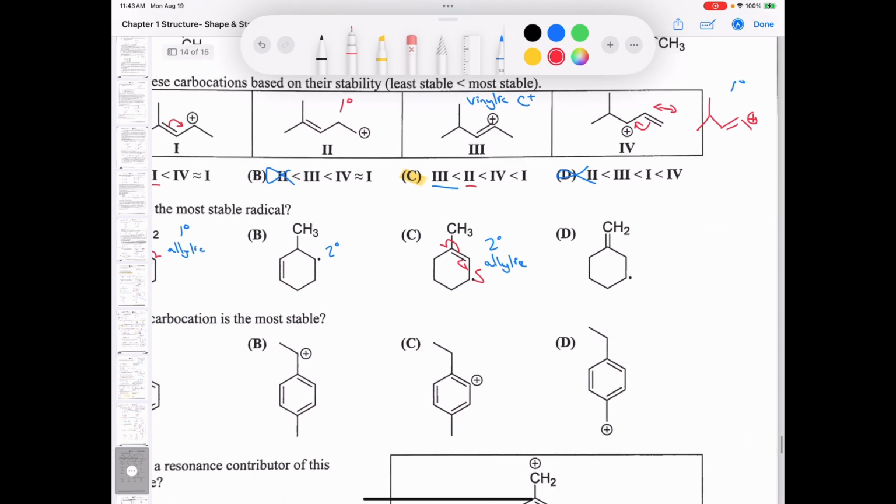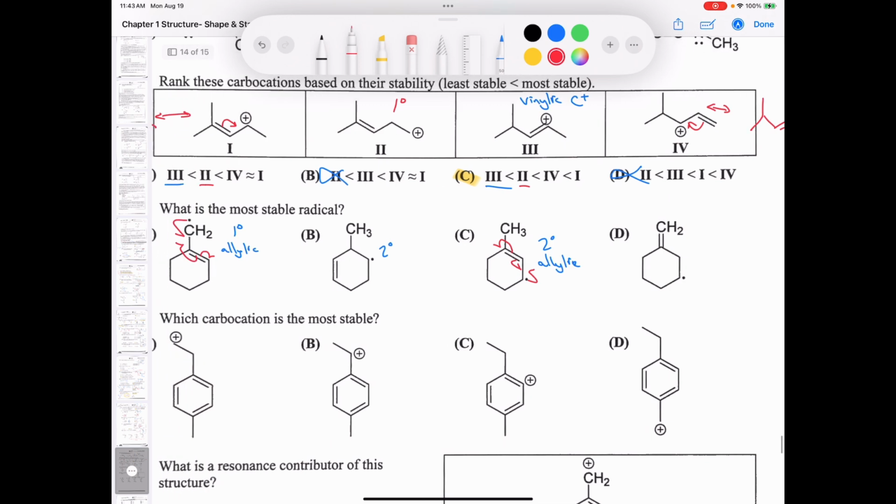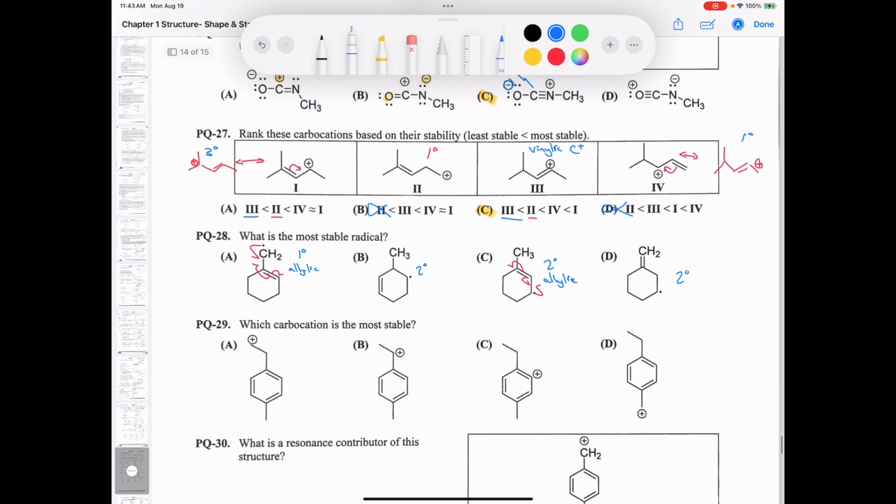And then finally, the last one here is just a plain old secondary as well. And so since A and C both have resonance forms, you can see that C would be the more stable because it's secondary allylic versus primary allylic. And so the answer is going to be C. Also, when you draw the resonance form of C, you end up with something tertiary allylic, which is kind of interesting.